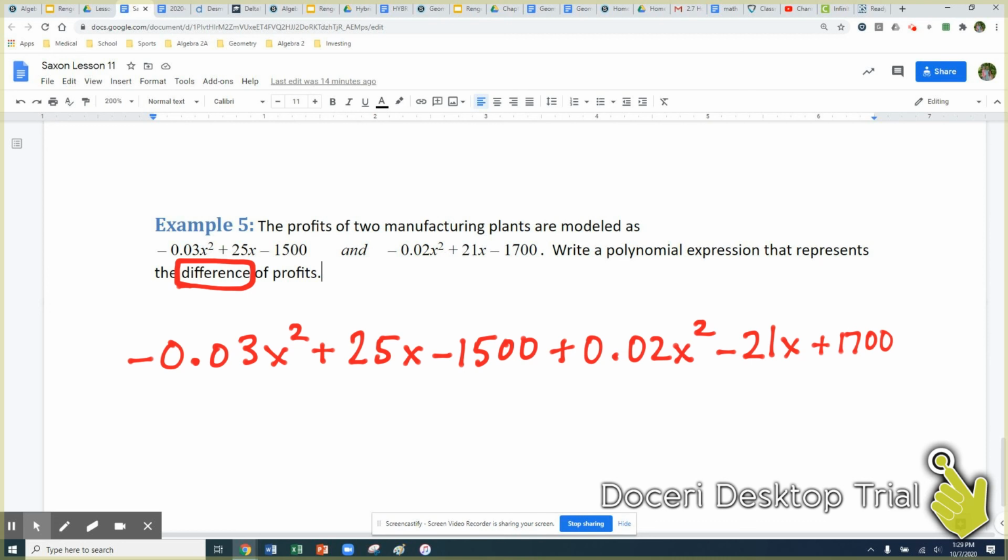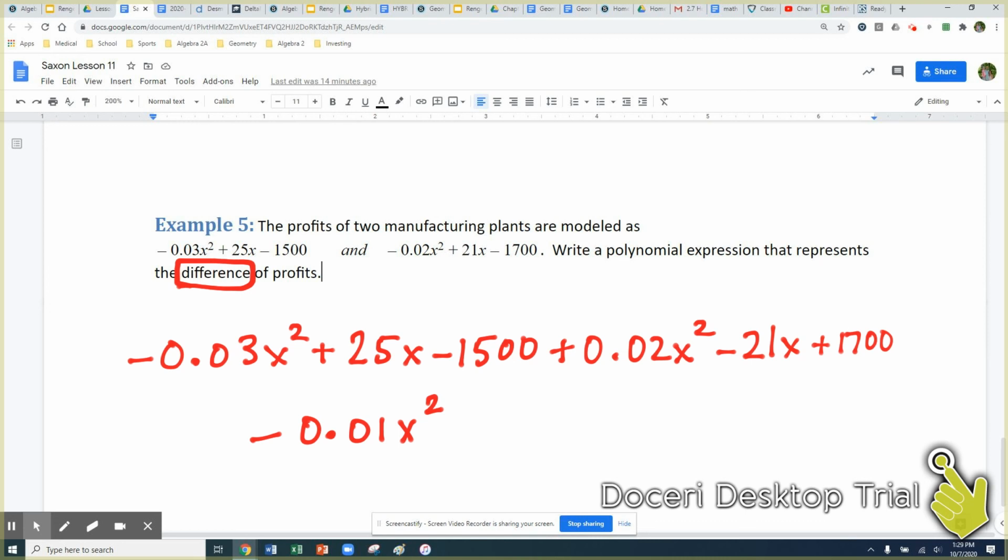Now I'm ready to start combining my terms together. So first, we have a negative 3 cents and a positive 2 cents. So if you're at negative 3 cents and you add 2 cents, you're now at negative 1 cent. So there's your first part of your difference in profits. 25, negative 21.